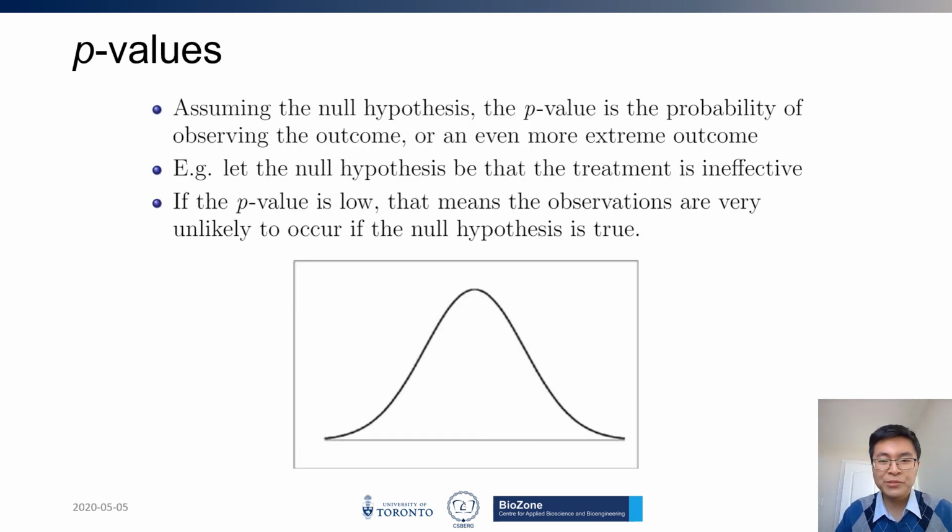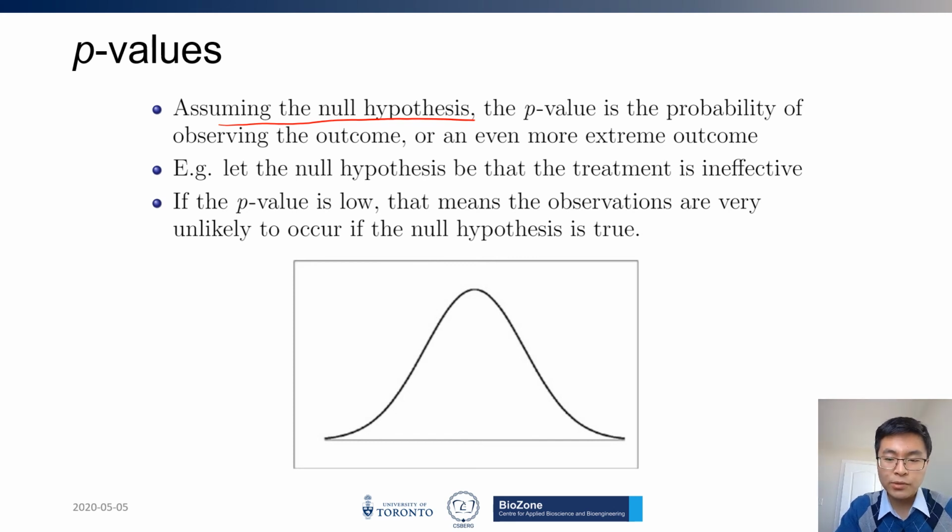Now I mentioned frequentist mode reasoning, and one of the tools it has is to compute p-values. So before we talk about what's wrong with p-values, we need to understand what they are. So let's assume the null hypothesis. What is the null hypothesis? It's essentially the assumption that your control group is the same as your treatment group.